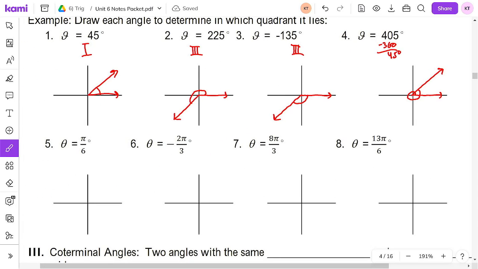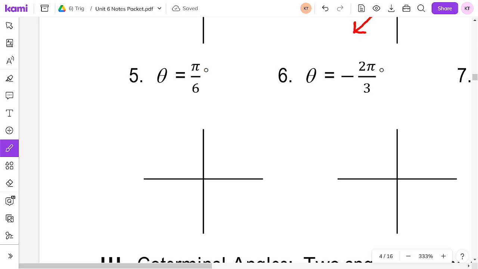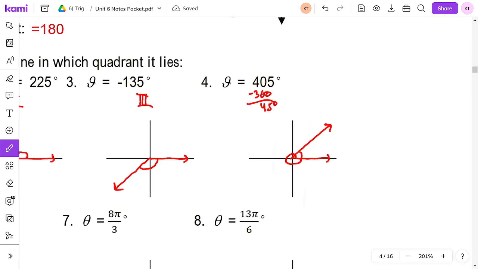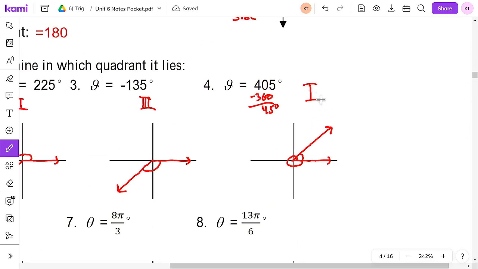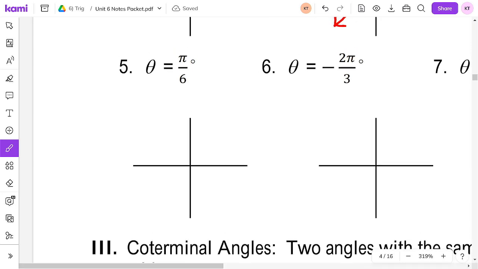We're going to do the same thing here in radians. So pi over 6, this one falls in quadrant 1. Forgot to mention that. So pi over 6, that's going to be less than pi, it's going to be less than pi over 2.